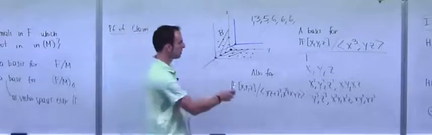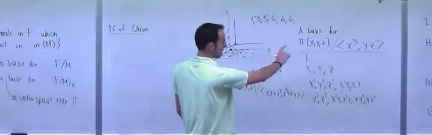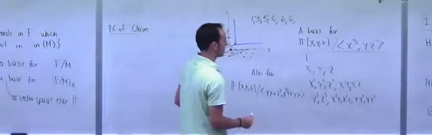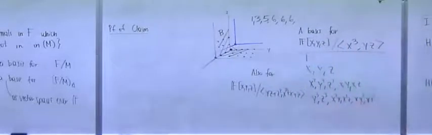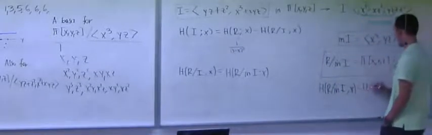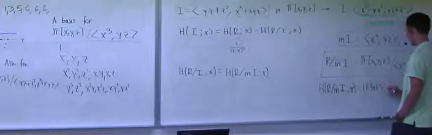This is a basis for this guy, and that means that, what's the Hilbert series of this guy? It's 1 plus 3x plus 5x squared plus 6 times x cubed, x to the 4th, etc. So this is just x cubed over 1 minus x.